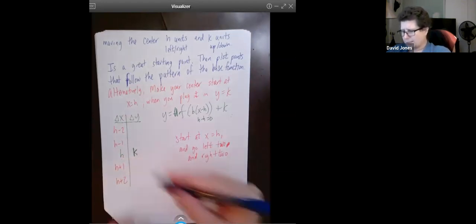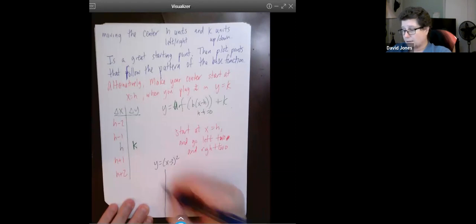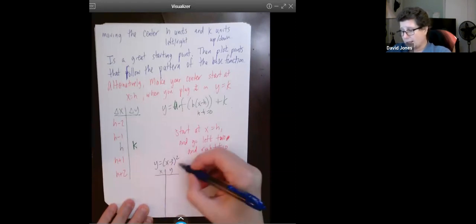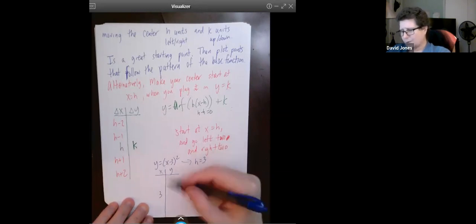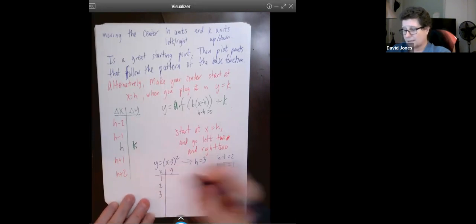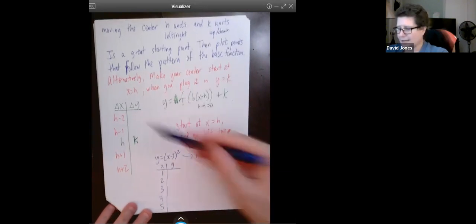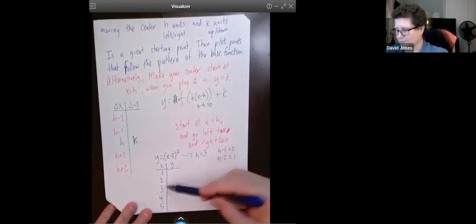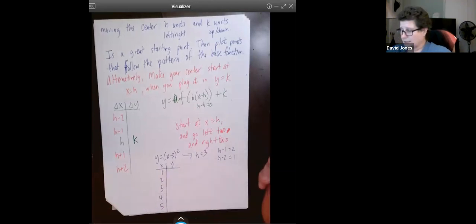Now that may look funny, but let me go back to pointing out what we did with y equals (x minus 3) squared. h here was 3, so I put the 3 there. h minus 1 is 2, h minus 2, 3 minus 2 is 1. So I'm literally just going left 2 and right 2. And don't overthink this part. You don't need to memorize those. Just subtract 1 or subtract 2 from each one and add 1 or add 2 to each one. Okay? We'll look at some more.